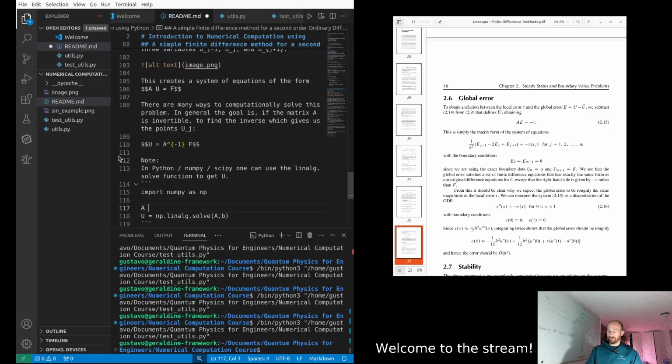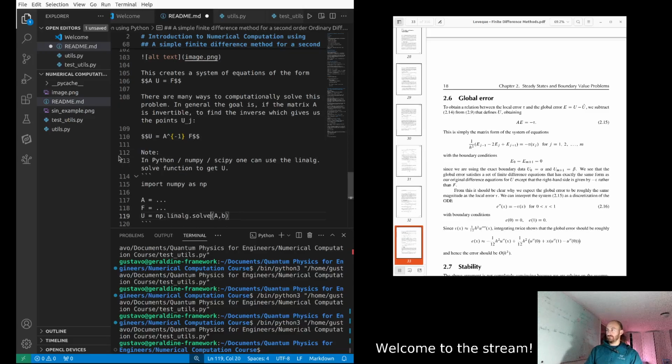So you first have to define your a, and you define b, which in this case is f, and you solve for u as the linear solution of this and this. So yeah, that's how you do it.